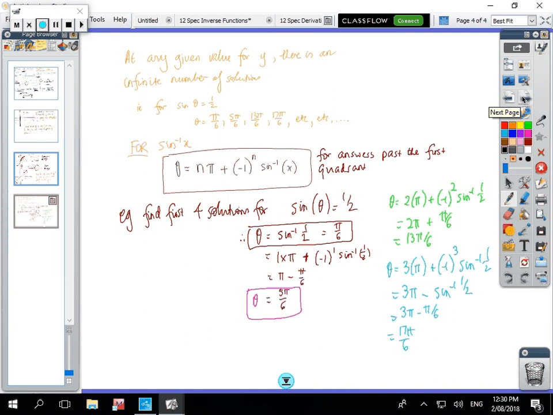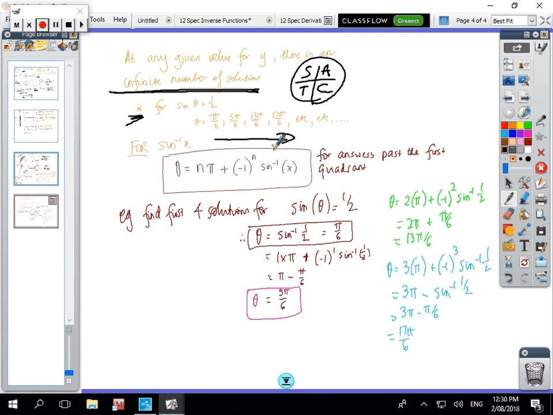Now, for any given value of y, there's an infinite number of solutions. For instance, back in trigonometry days, for sine theta equals 1/2, we normally did all stations to central for 1 lap, but obviously we can have multiple laps forward and multiple laps backwards. To save time, there's a formula to give us answers past the first quadrant.